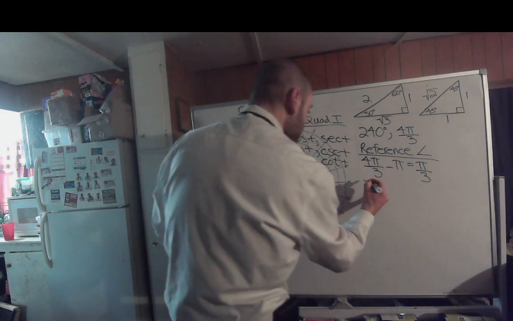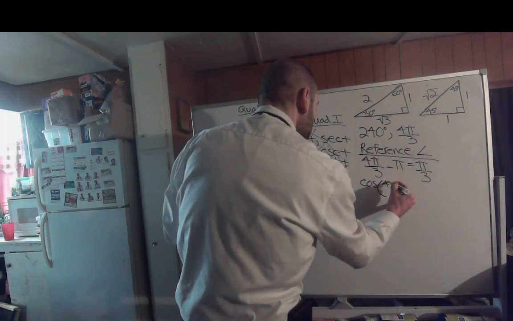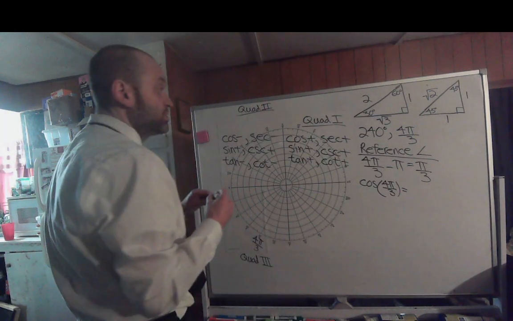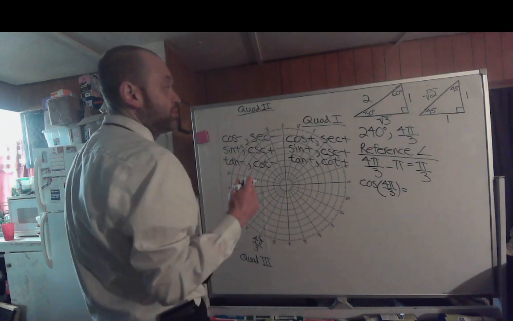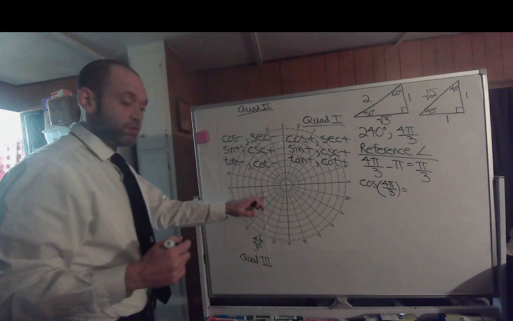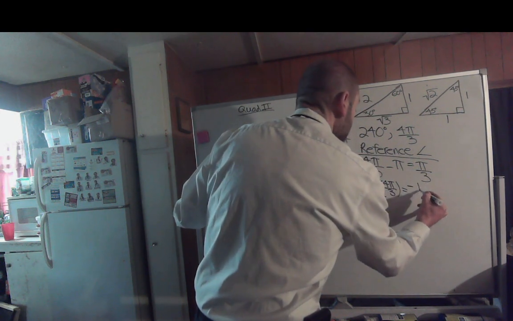So let's find the cosine of 4 pi over 3. The cosine of 60 would be 1/2, but since you're in the third quadrant, your x is negative, so your cosine would actually be negative 1/2.